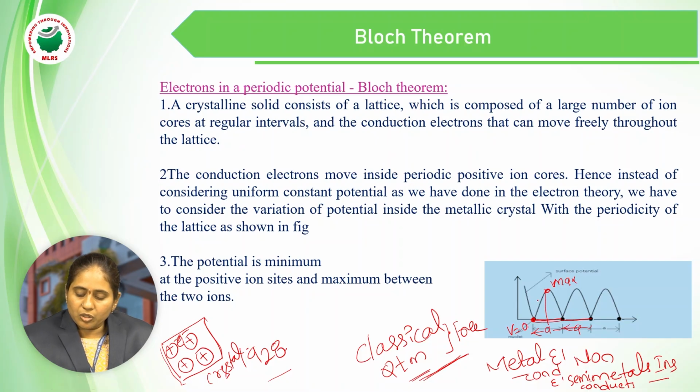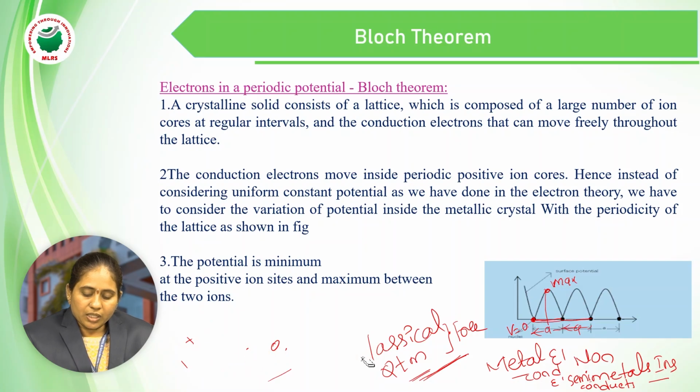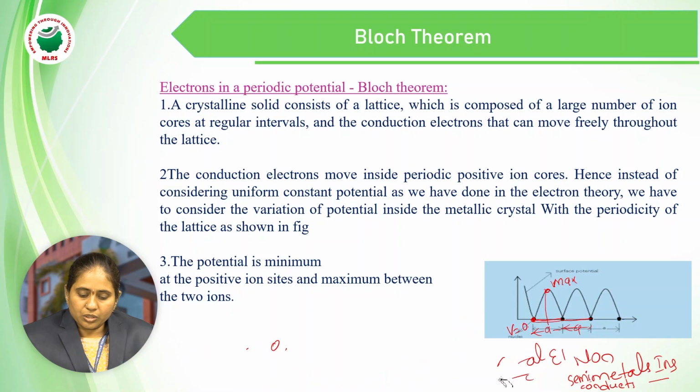The conduction electrons can move freely throughout the lattice. The next point is that the conduction electron is present inside the positive ion cores, and also in between the positive ion cores.